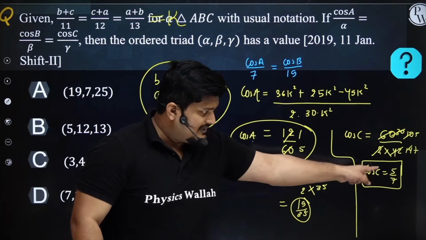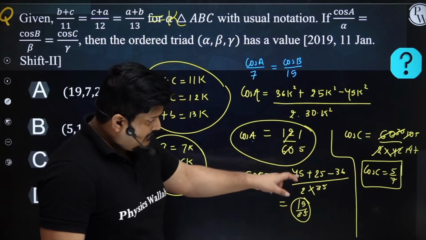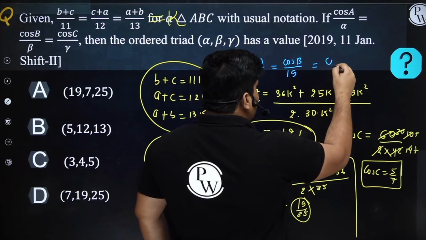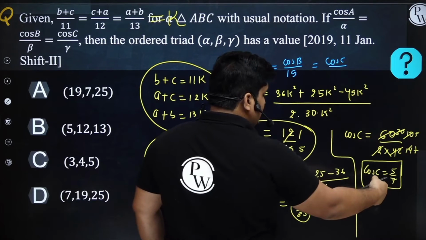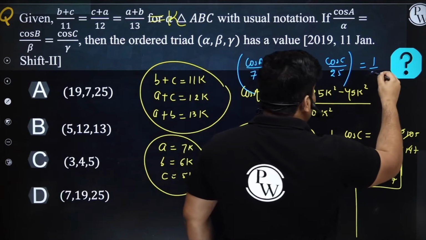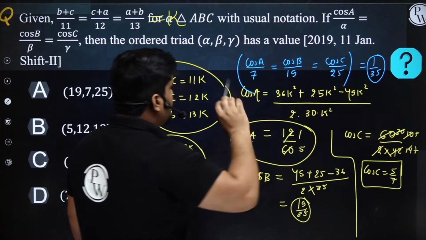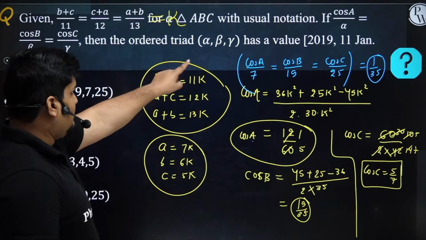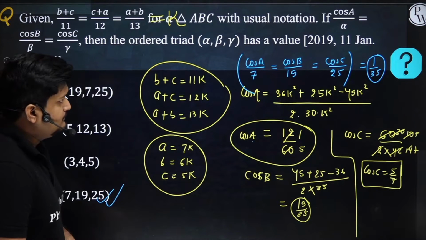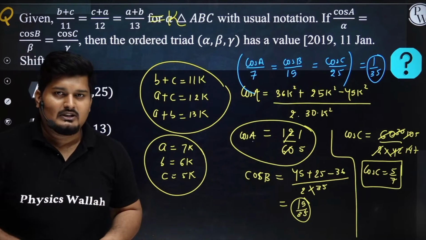Then cos C is equal to 5 upon 7, so if I multiply by 5 on both sides, this will be cos C upon 25, and all these will be equal to 1 by 35. That is what we had to do. So alpha, beta, gamma are 7, 19, 25. D is the correct option. Again, it is calculative but not difficult.